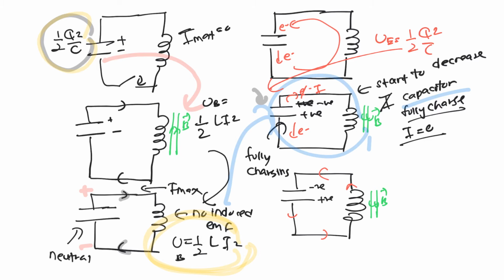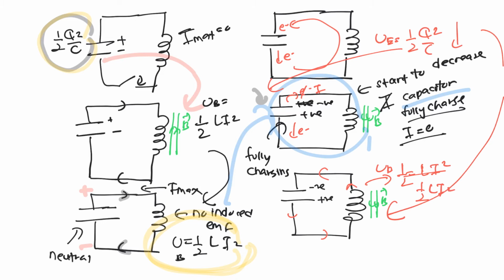What happened is the energy inside the electric field is going to be reduced, but the energy inside the magnetic field is going to be increased: one-half L I squared. As you can see, this kind of pattern is like oscillation, which is back and forth.